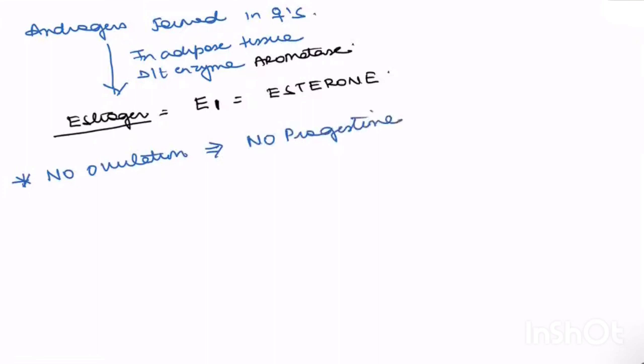And if there is no progesterone, I told you that there will be amenorrhea. I just told you that if there is no ovulation, there is no progesterone, right? Because if there is no ovulation, there is no corpus luteum, and if there is no corpus luteum, there is no progesterone, and if there is no progesterone, there will be amenorrhea.